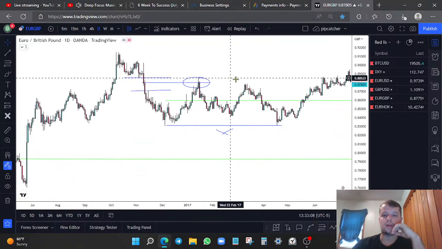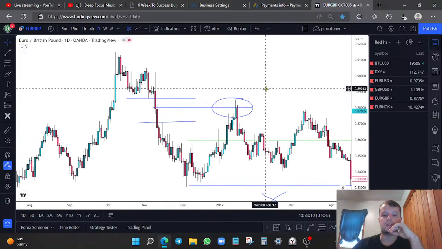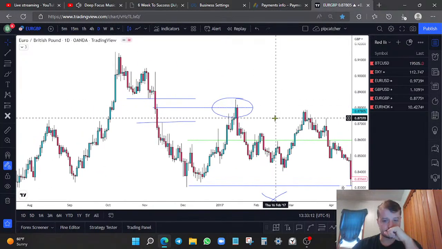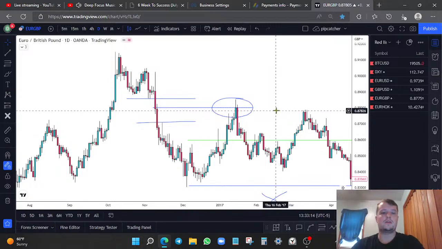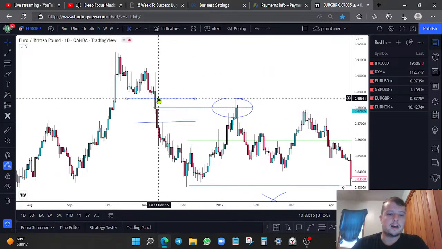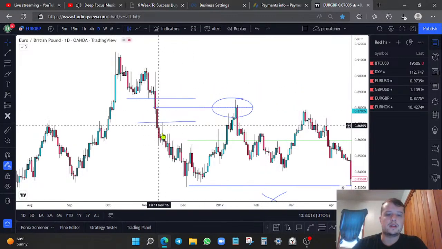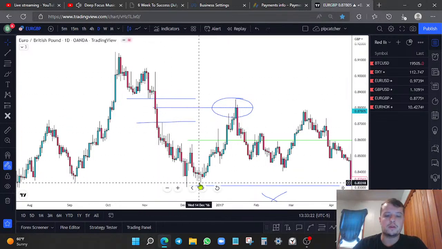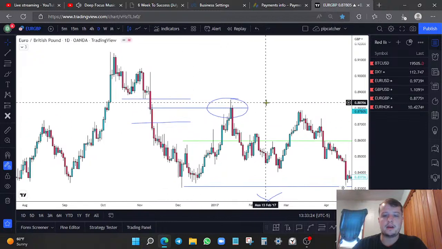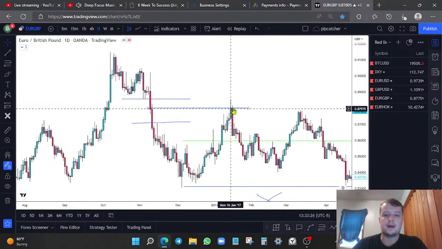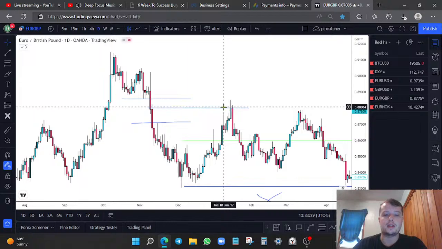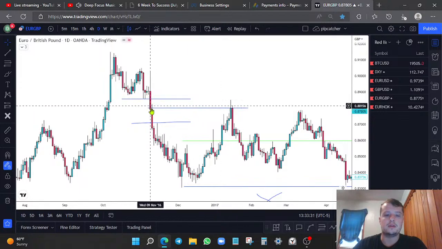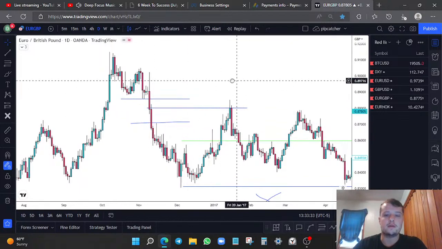Here we go. Here's some inefficiency play right here. So this is really clean. We had this huge push, this huge rollover to the downside, and price comes back, hits 50% of that inefficiency, which you can see was from the weekly time frame.